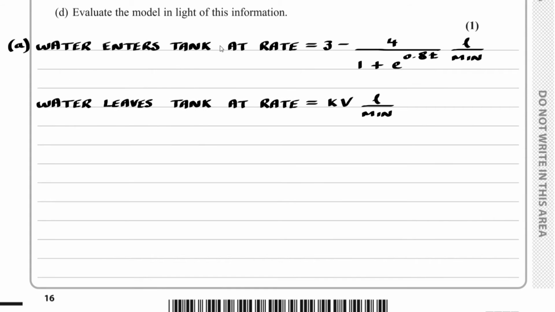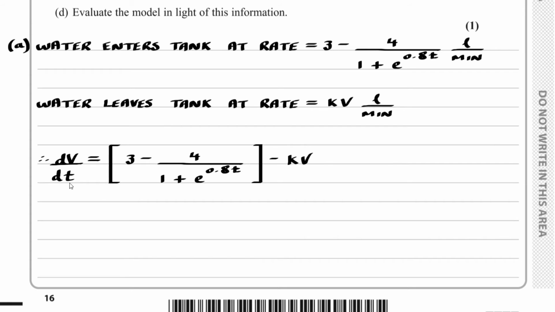So we know the rate of water into the tank, we know the rate of water out of the tank, so therefore the overall rate of change, dV over dt, is given by 3 subtract 4 over 1 plus e to the 0.8t subtract kV.